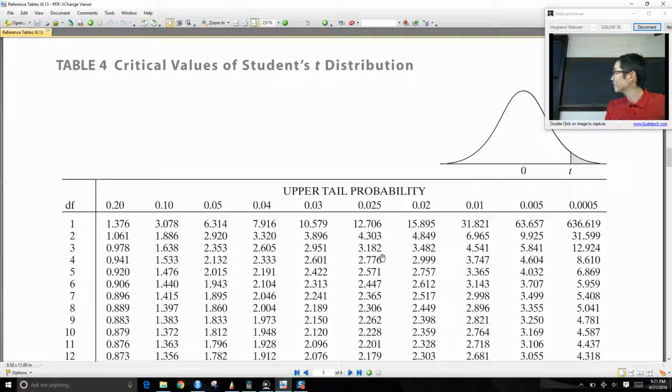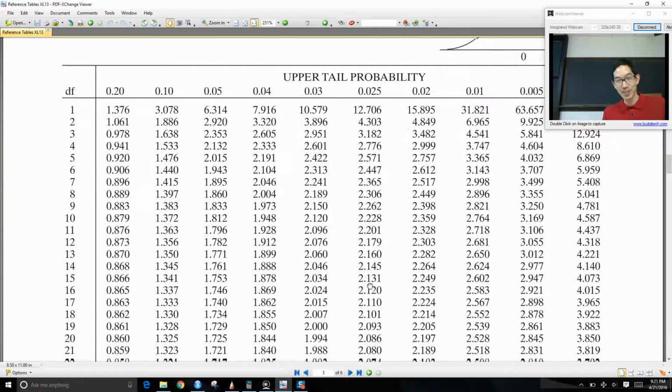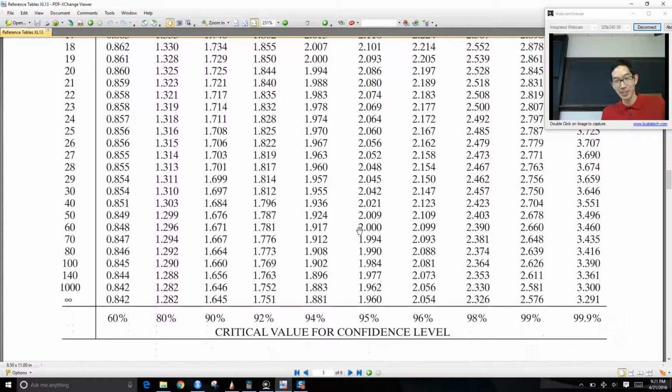For your own enrichment, you can look up Student's t, William Gosset, I think, and the t distribution and its history. So here we will look at what we use for 95%. And we could go anywhere from 99 to 60% or something.